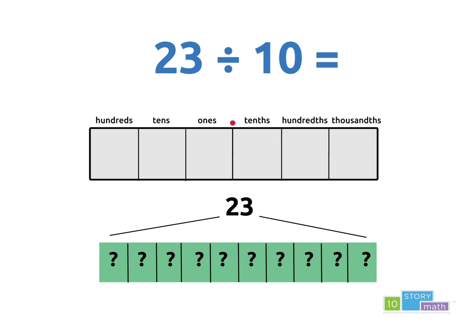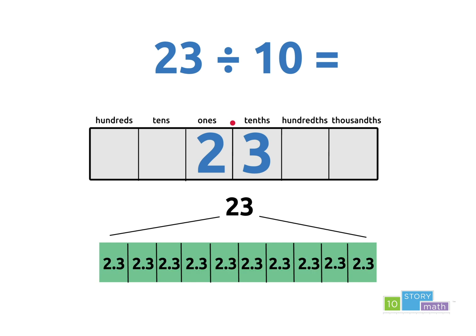Pause the video, record your answer, and then press play to check your work. 23 divided by 10 equals 2.3. When we split 23 into 10 equal parts, each part equals 2.3. We can say that 2.3 is 1/10 of 23.